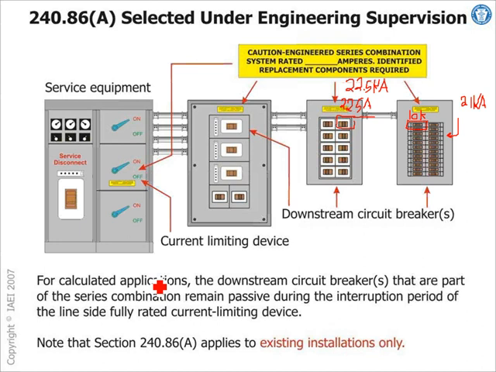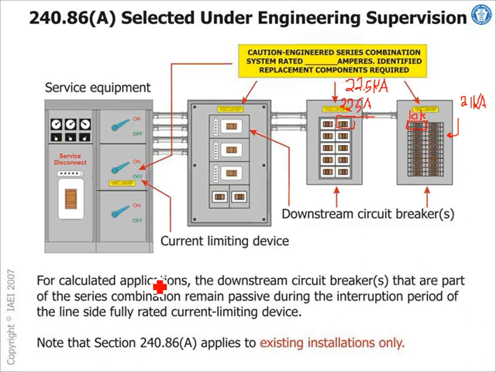The way the manufacturers coordinate it, if that 10K breaker sees 25K, instead of trying to interrupt it, it will freeze. It won't do anything. It will stop and wait for the main to clear the fault. So it has to be coordinated by the manufacturers to work together.